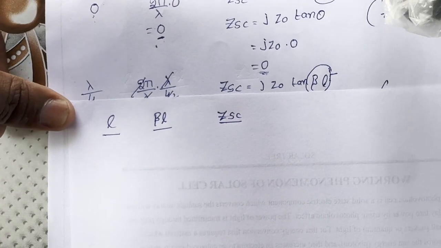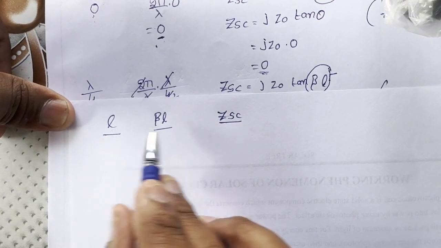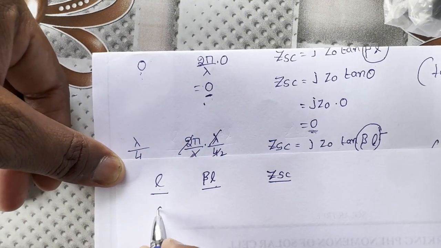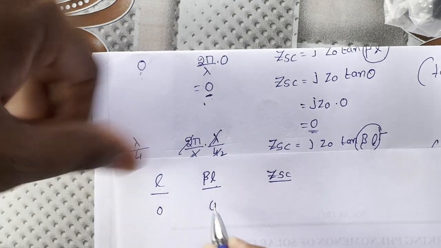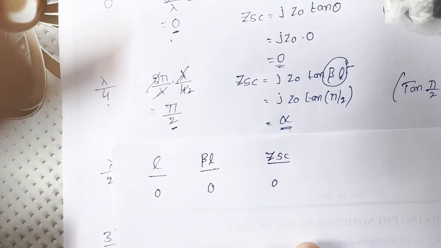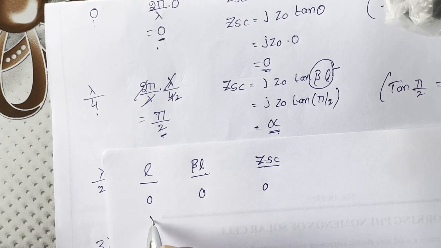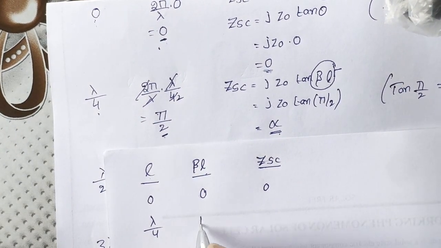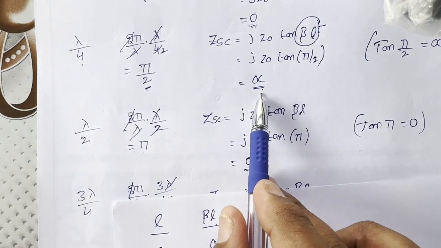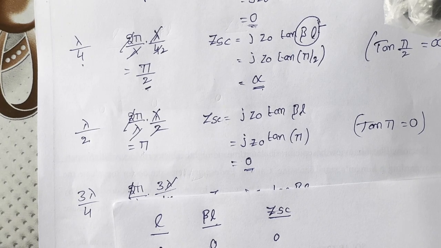Now I am writing the summary here for L value, beta L value, ZSC. In the first case, L equal to 0, beta L value 0, ZSC value 0. When L equal to lambda by 4, beta L is equal to pi by 2, and ZSC equal to infinity.